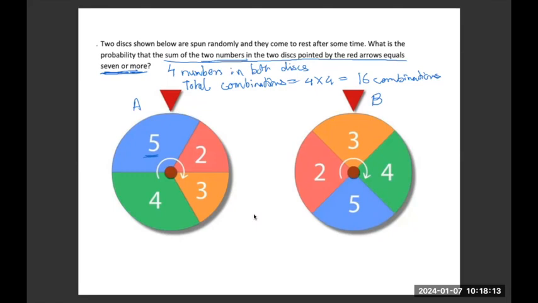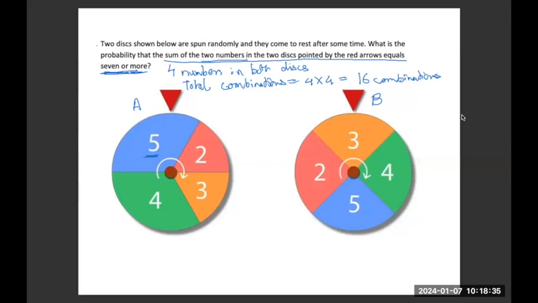Which are the other combinations in disc B which will equate to an addition of 7 or more? So this is the one.